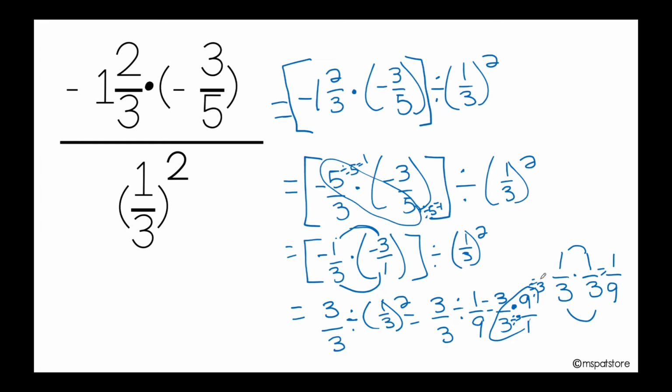So now this is going to be equal to 3, and this is going to be equal to 1. So I have 3 out of 1 times 3 out of 1. So my final answer will be 3 times 3, 9, 1 times 1 is 1. So my final answer is going to be positive 9.